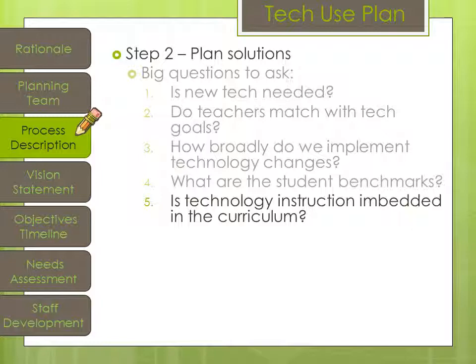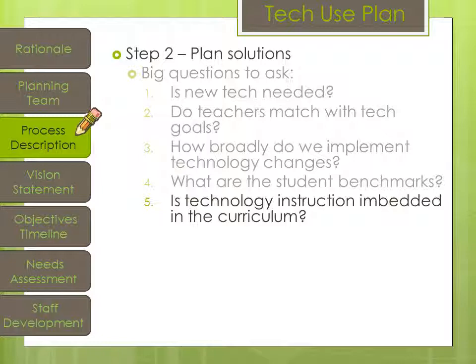Number 5, should technology education for students be separate instruction, or should it be fully integrated into each and every teacher's curriculum? Again, it's been my experience that instructional technology for students usually happens as a side class with some instruction coming from the general ed teachers, but quite often there's a discrepancy between different teachers on how much they use technology in the classroom.